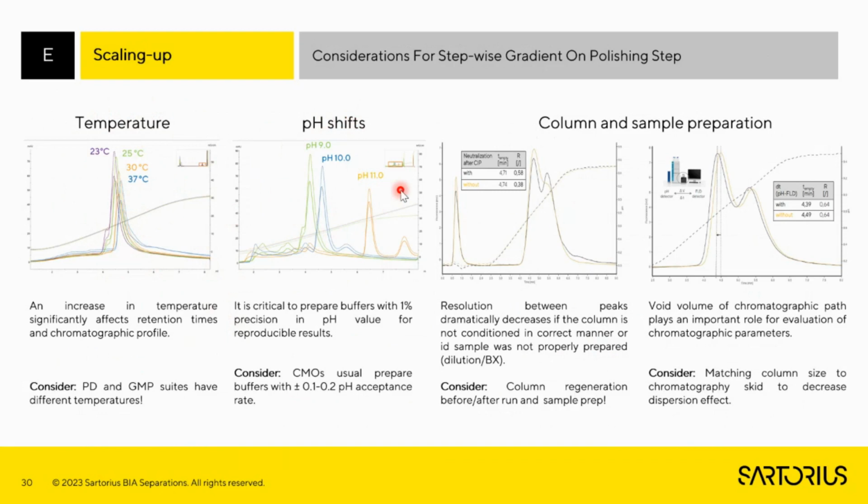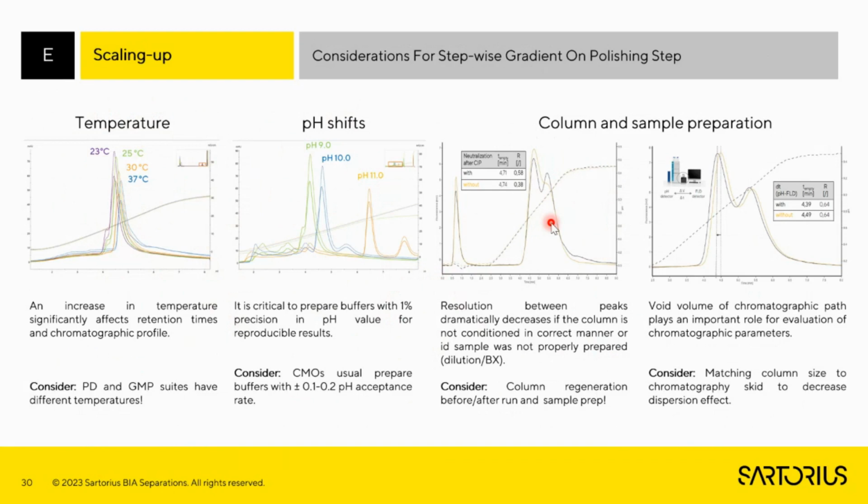The pH shifts are also a factor. We see that CMOs usually like to prepare buffers with a 0.1, 0.2 pH acceptance range, but we see similarities when we are within 1% difference. So account also for that, and definitely condition the column properly.